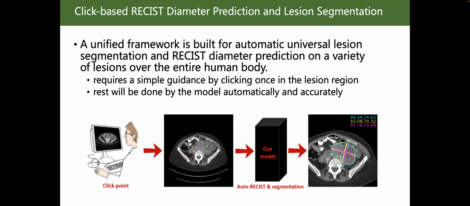Even if different click points are provided, the methods can still produce similar results of the lesion segmentation and RECIST diameter prediction. So in these figures, the different colors mean different click points, and their corresponding results, including the RECIST diameters and the lesion segmentation.